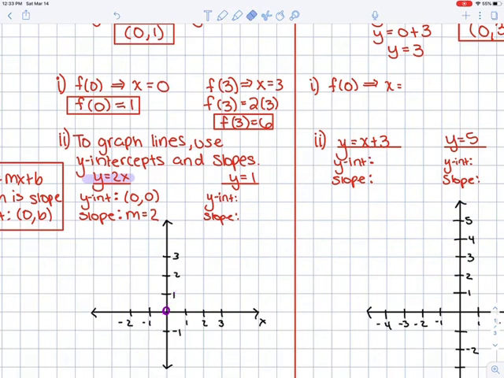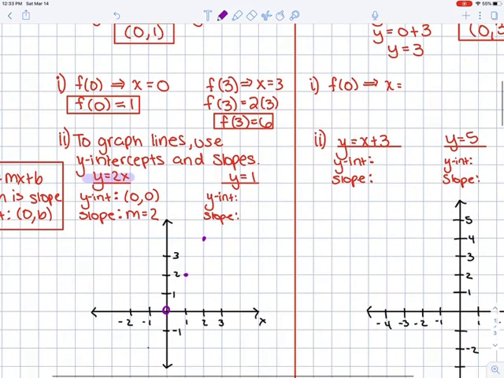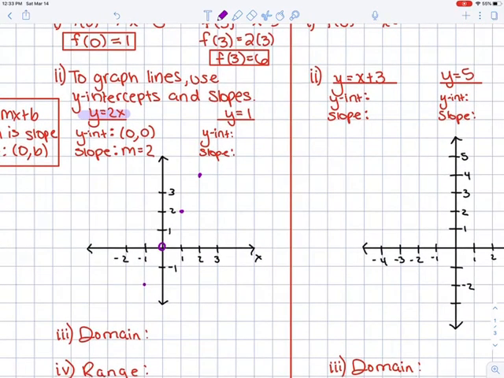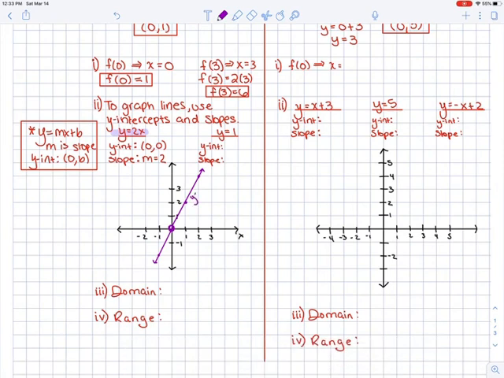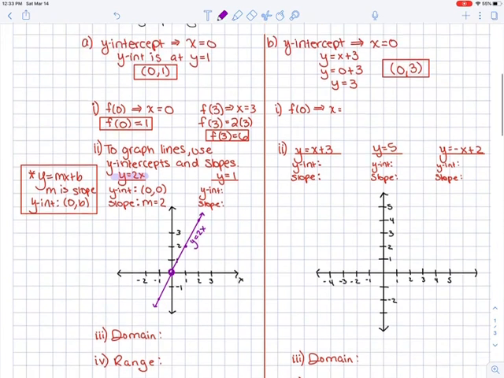When I erased it, I lost my points. So we started at (0, 0), rise 2 over 1, rise 2 over 1, down 2 over 1. Okay, let's try one more time. Okay, this is better. As you can see, we just graphed our line and there's an open circle there. And this is y equals 2x.